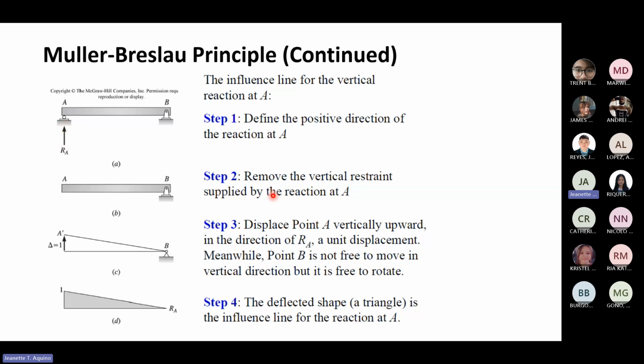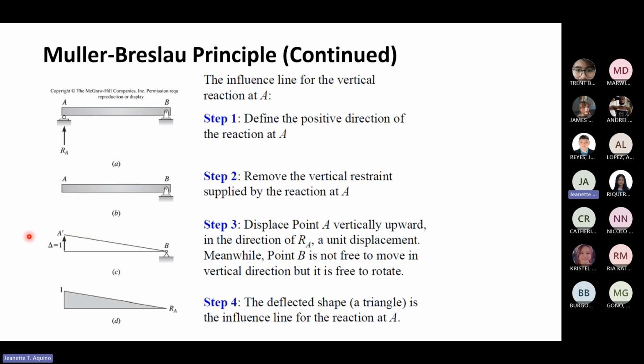Then remove the vertical restraint supplied by the reaction at A, and displace point A vertically upward in the direction of RA by a unit displacement. Meanwhile, point B is not free to move in the vertical direction, but is free to rotate. So if you remove the vertical restraint, A will move by delta A equals 1.